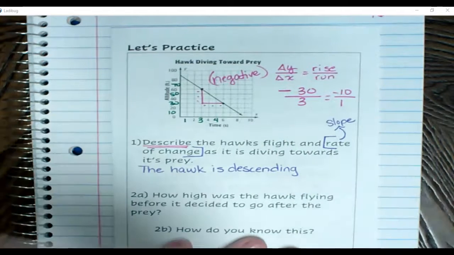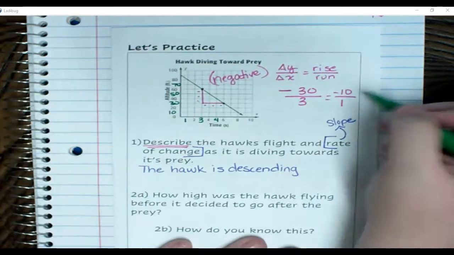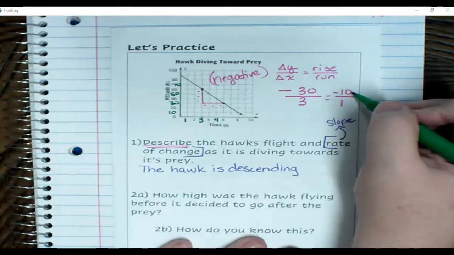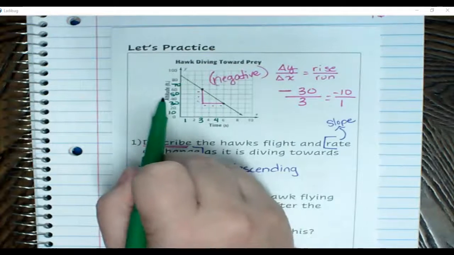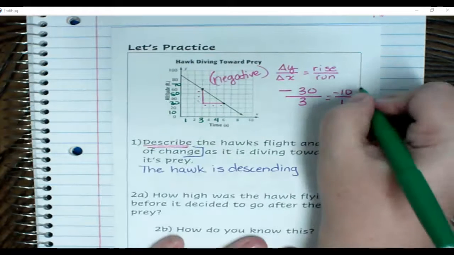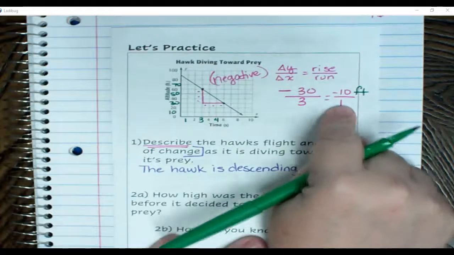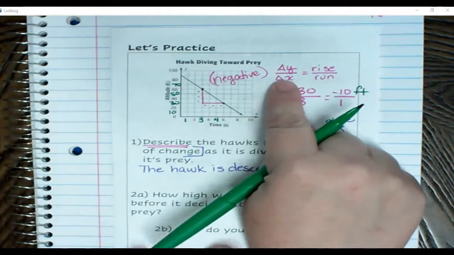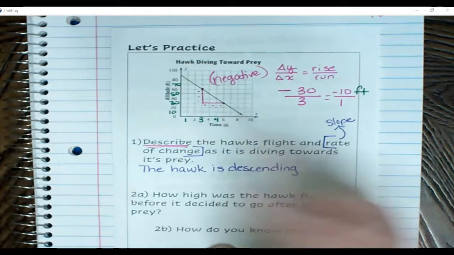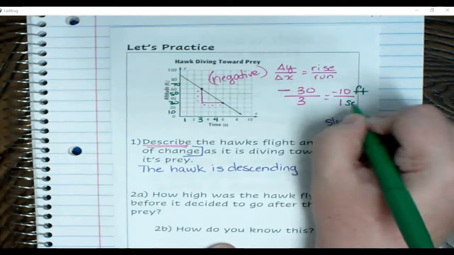But remember, we want to put the labels there. So negative 10, our y value is talking about which label? The altitude on the y, specifically the feet. The denominator, the change in x, our x-axis is labeled time in seconds.